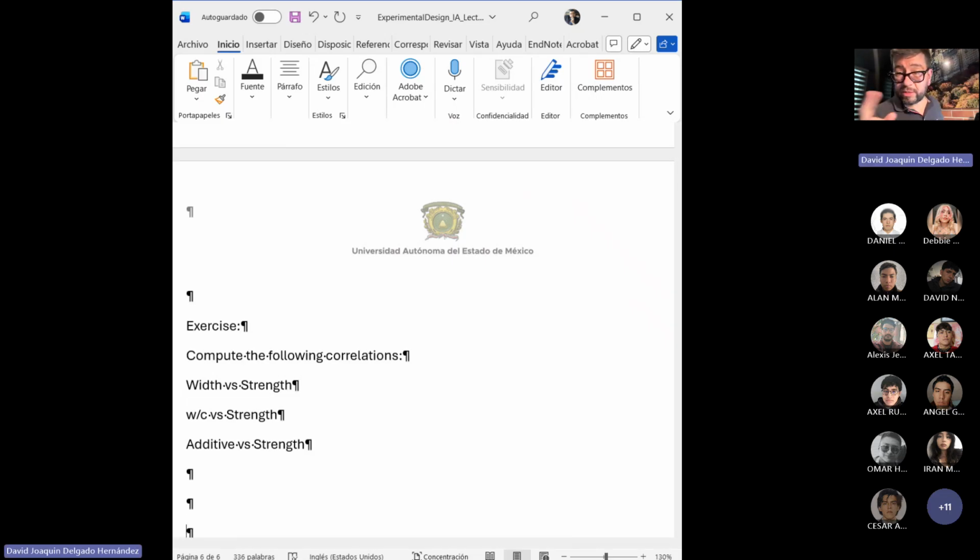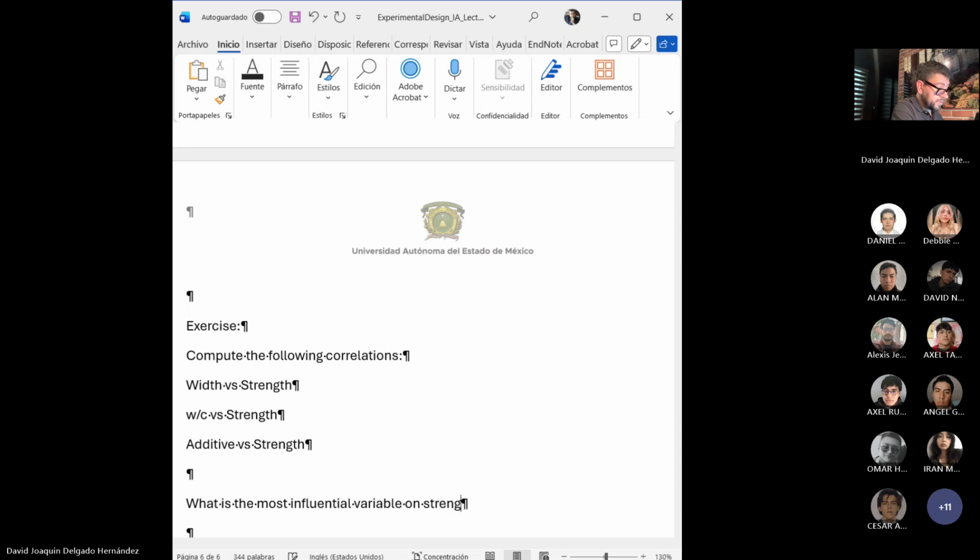Don't use the strength noise. Now use the strength, okay? And the question is, what is the most influential variable on strength? Okay, that is the question. So please take some minutes to calculate this, please.